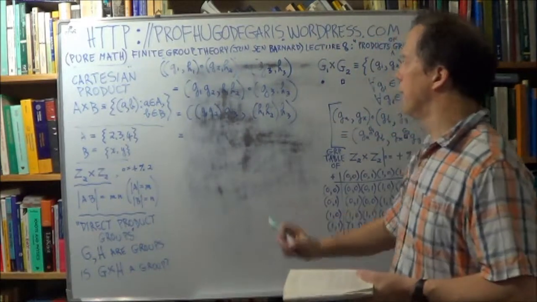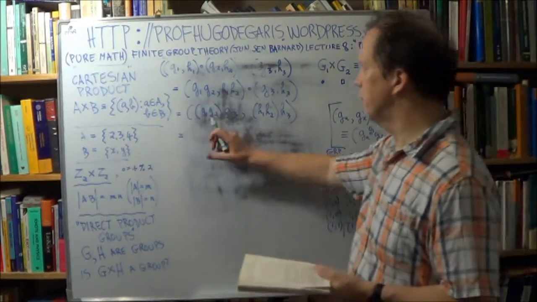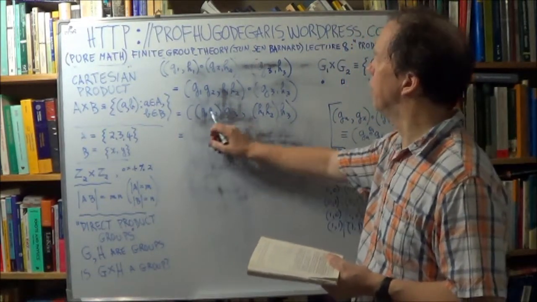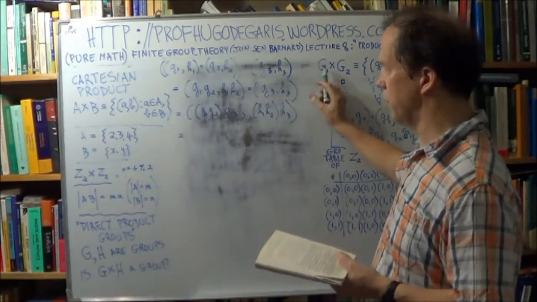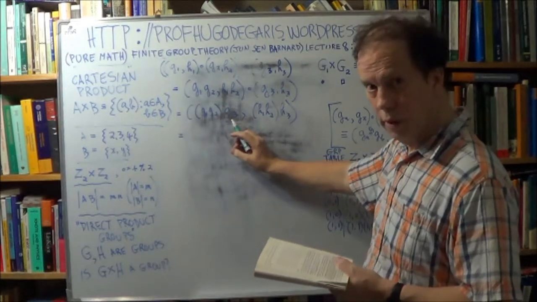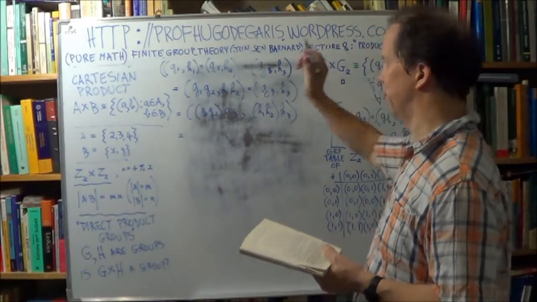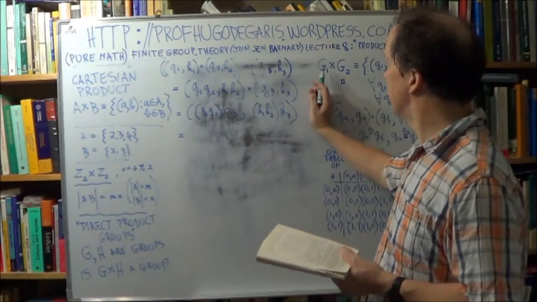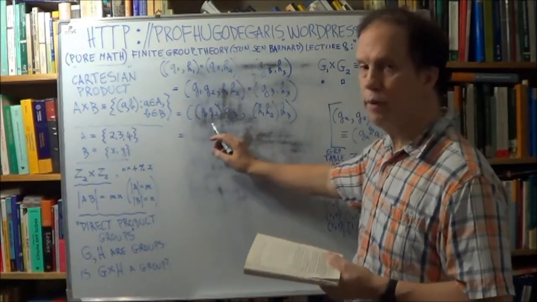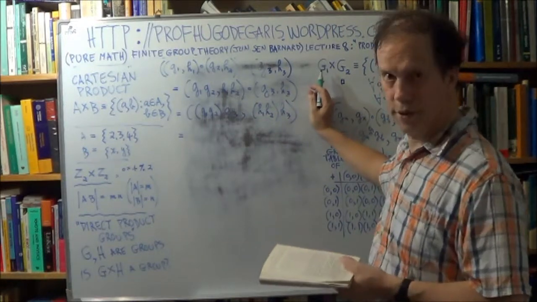Now, what we've got here now are elements of G1. These are three elements of G1. Right? Now, G1 is a group. Therefore, these random three elements of this group are associative.